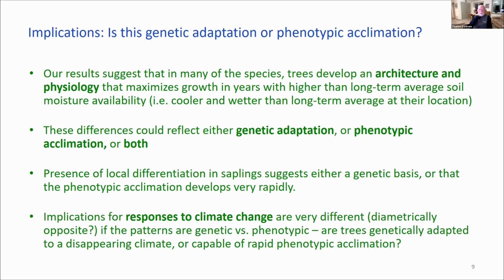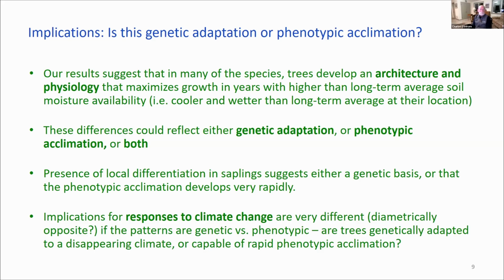I've argued in the 2018 paper that parsimony suggests phenotypic acclimation, because I can see how trees could develop this through, for instance, changing root-shoot allocation. On the other hand, the fact that even saplings show very clear evidence of this local differentiation would weigh towards arguing that there's a genetic basis, or that these plants are able to develop the phenotypic acclimation very rapidly.